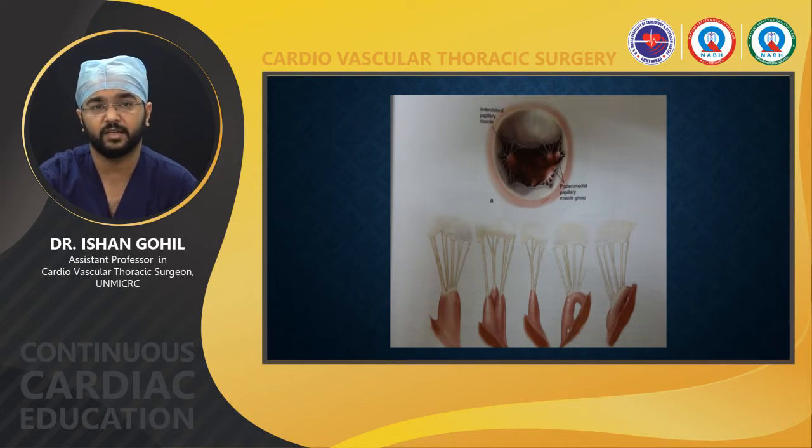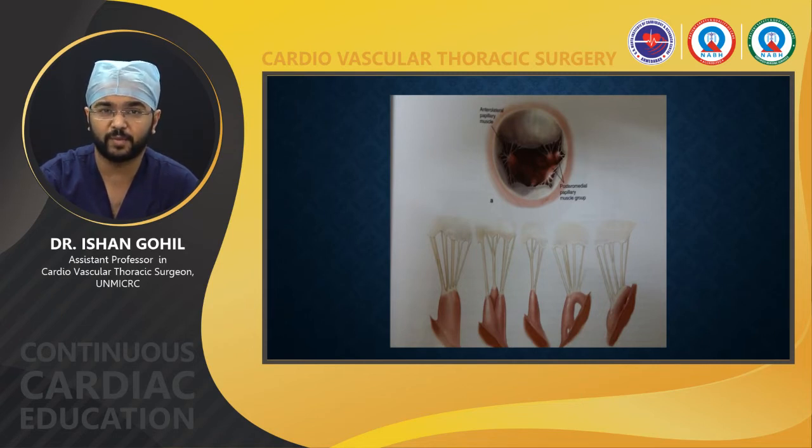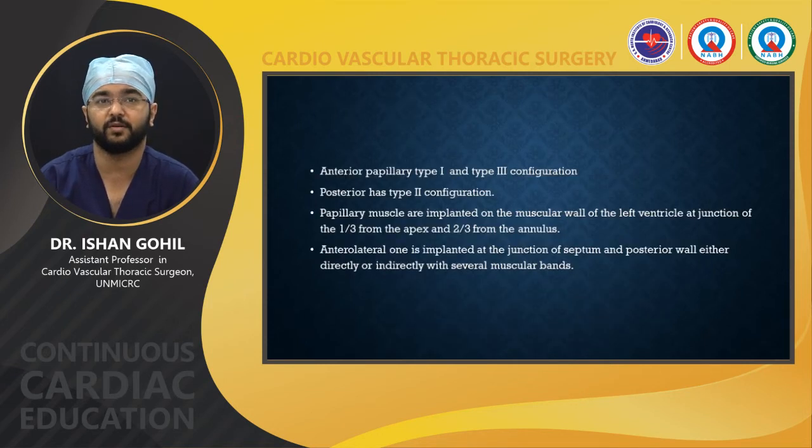The second is multiple heads of papillary muscle with chordae attached to each of them. Thirdly is the small head of papillary muscle with a small amount of chordae attached to it. Fourth is the arcade-like papillary muscle with chordae tendineae attached to it. And fifth is where there is no obvious papillary muscle, but the chordae are directly attached to the ventricular wall itself. So these are the classification of papillary muscles.